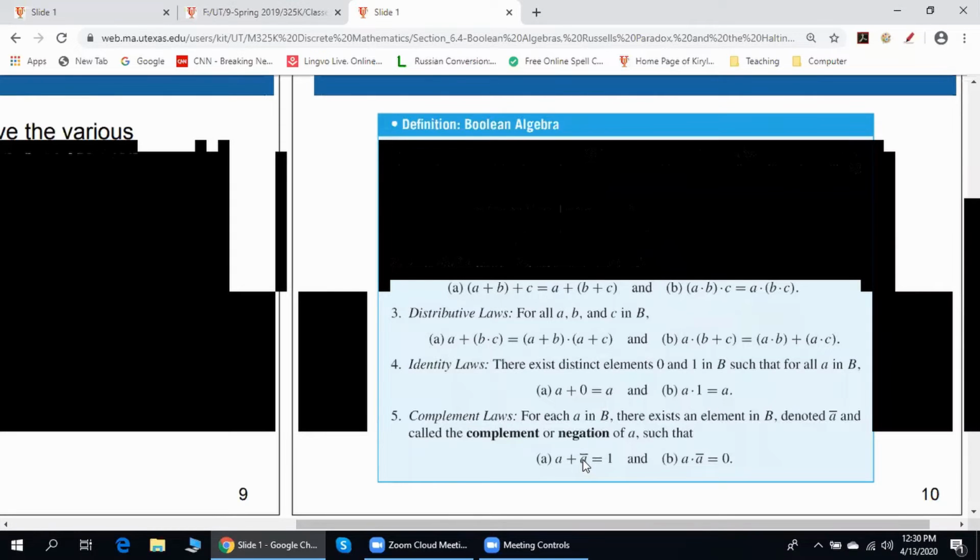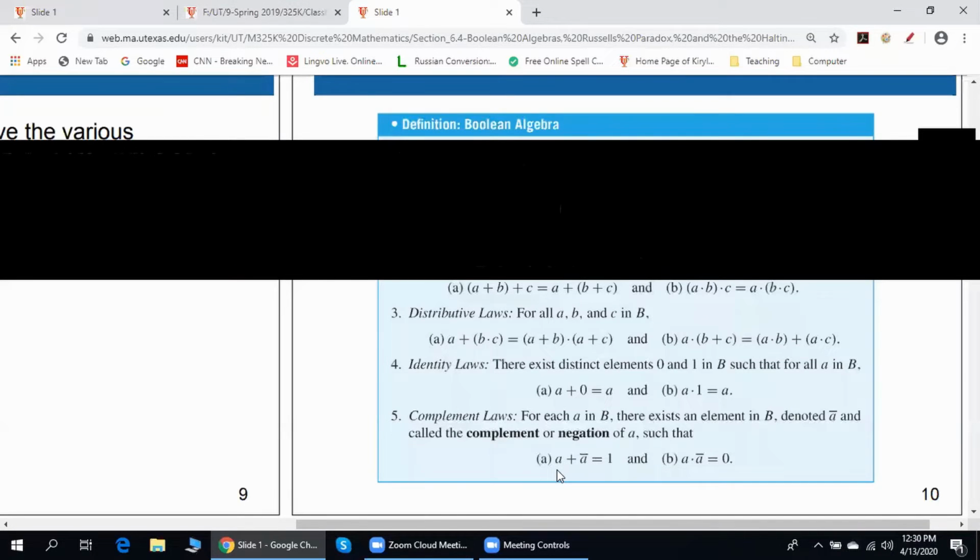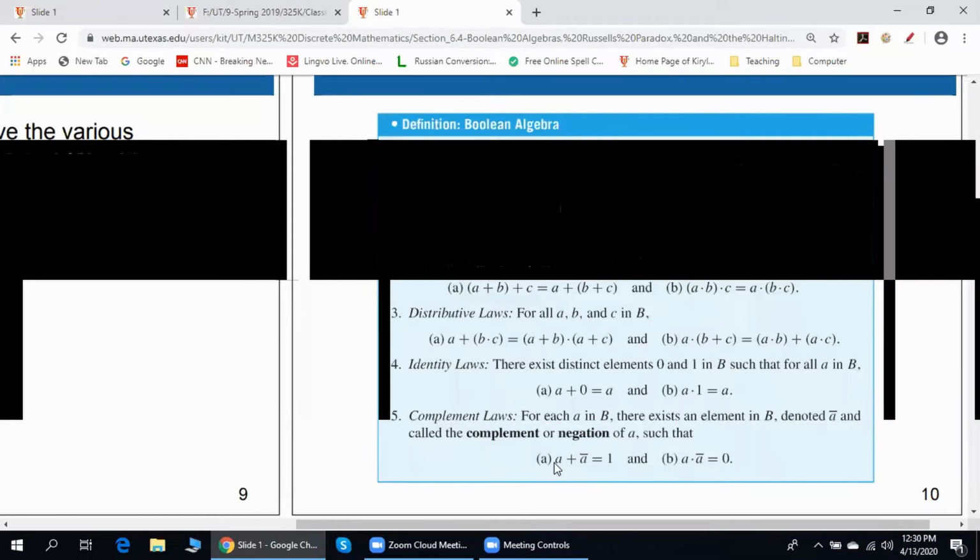So going back to sets, 5A means what? 5A for sets means: the left-hand side is what?